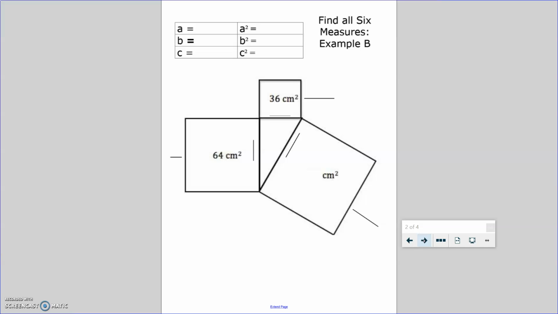In example B, we are given the area. Remember, A, B, and C are the side lengths, and A squared, B squared, and C squared represent the area. Given this situation, we realize that we are given the area of each square.